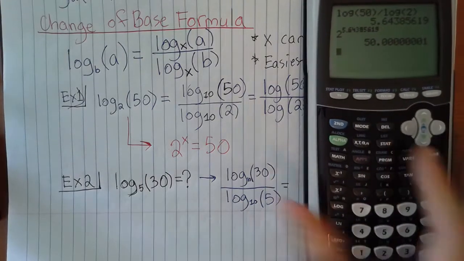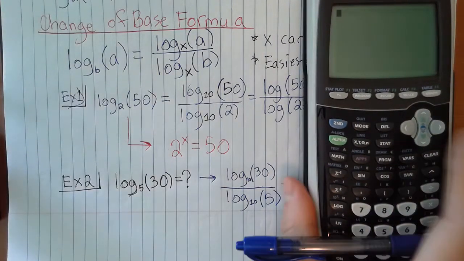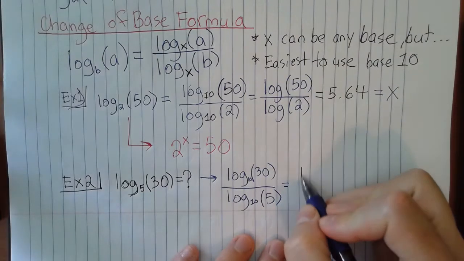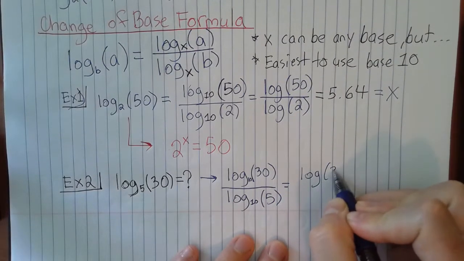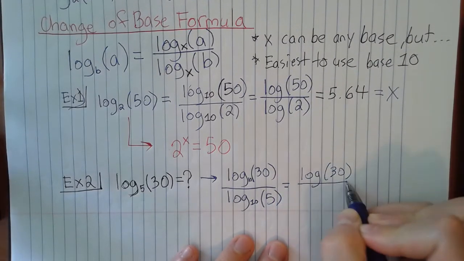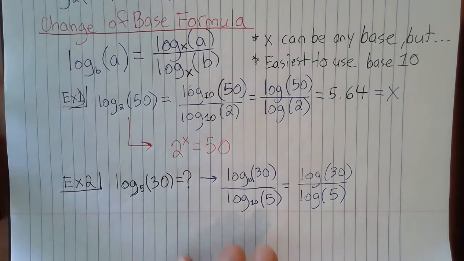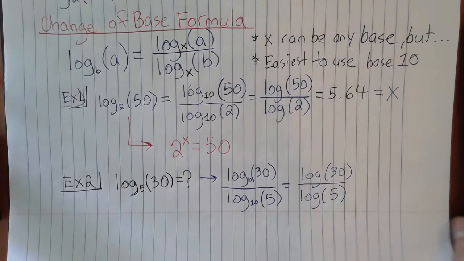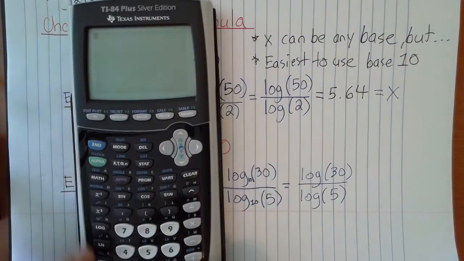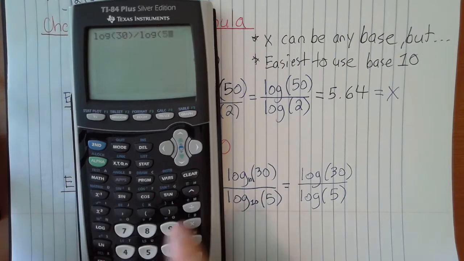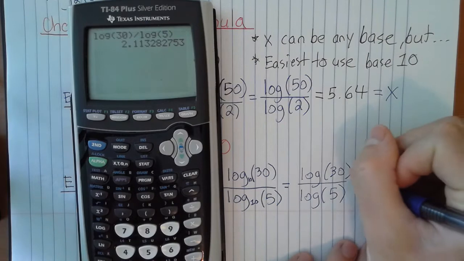And then we would put that into our calculator, log button 30 divided by log button 5. And that equals about 2.11.